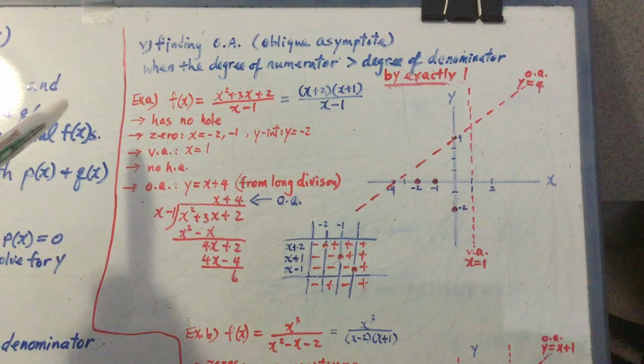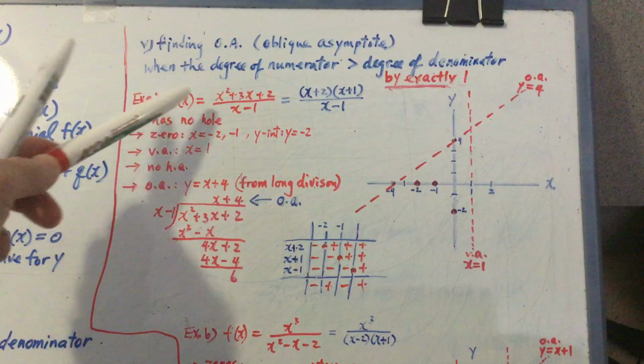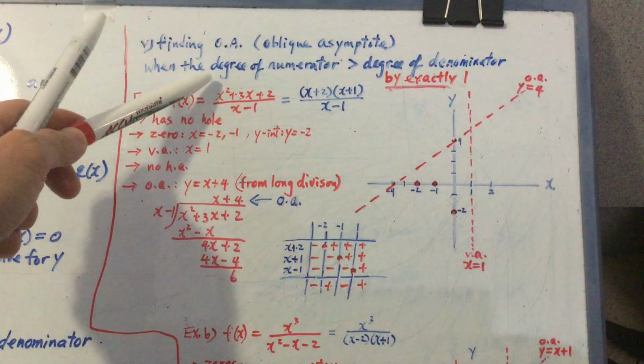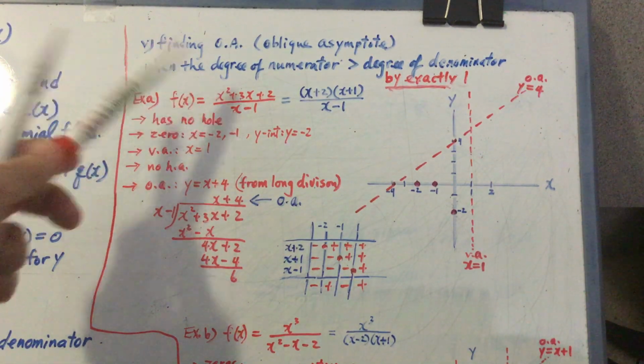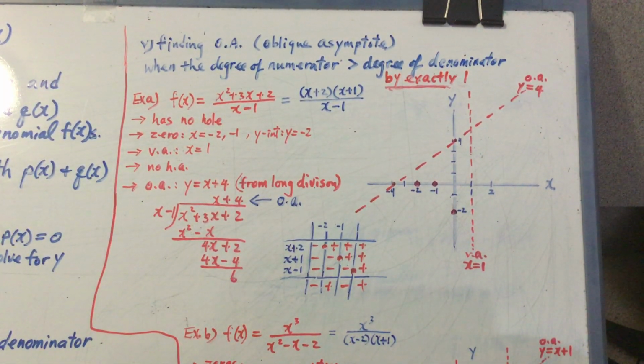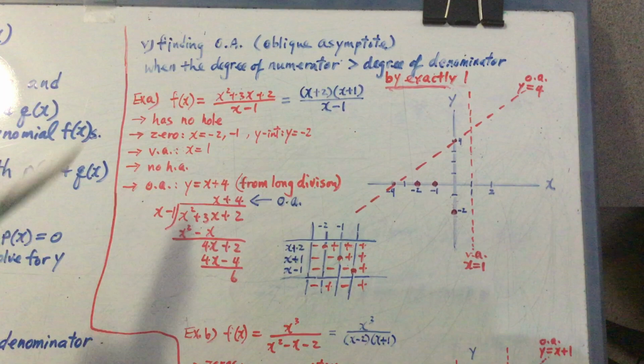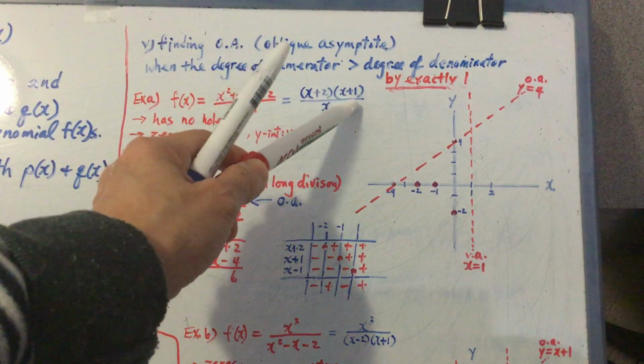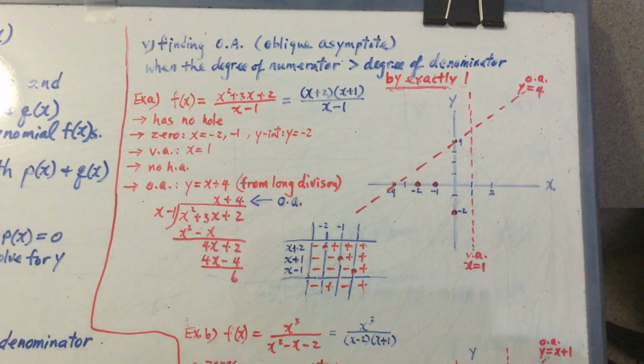So that covers all the cases that we might have. Exactly 1 means the same as the example on your handout, example A, when you have a degree 2 divided by a degree 1. So degree 2 and 1 differ by exactly 1. When you factor this, you get x plus 2, x plus 1 divided by x minus 1.